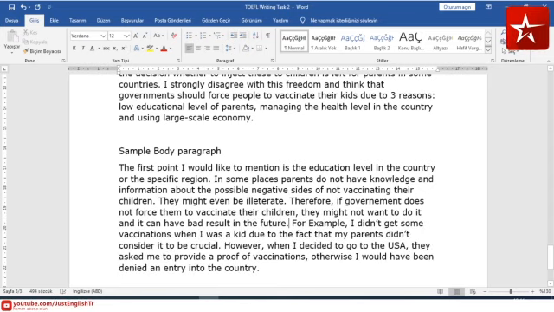For example, I did not get some vaccinations when I was a kid due to the fact that my parents did not consider it to be crucial. However, when I decided to go to the United States, they asked me to provide a proof of vaccinations. Otherwise, I would have been denied an entry into the country.